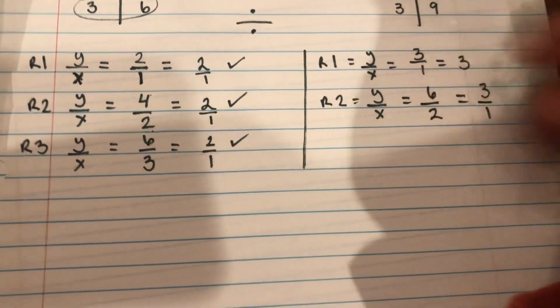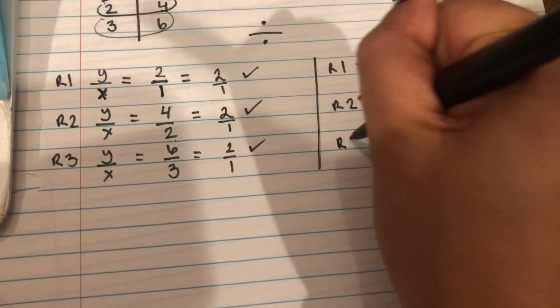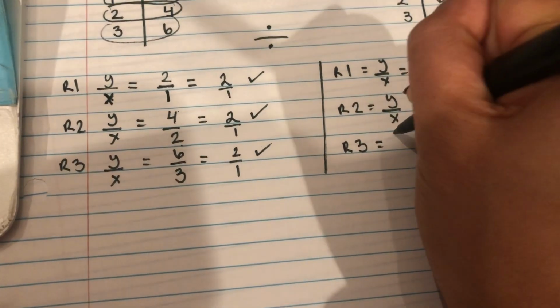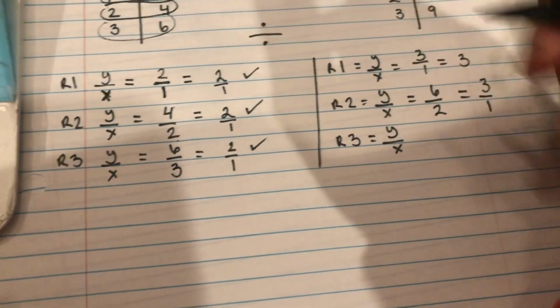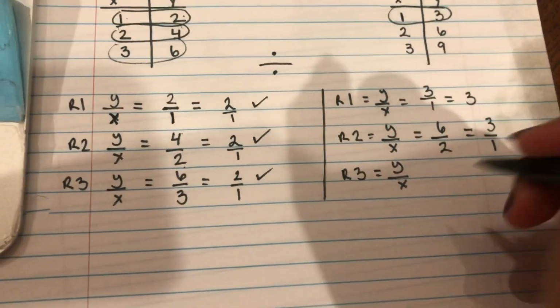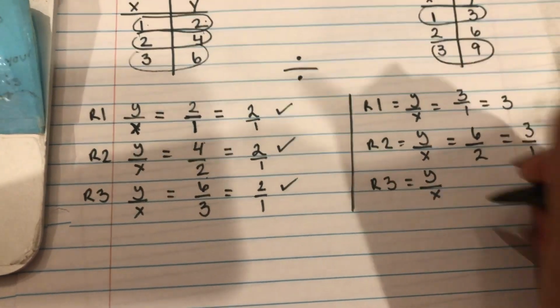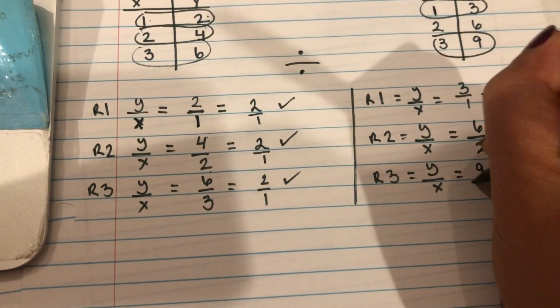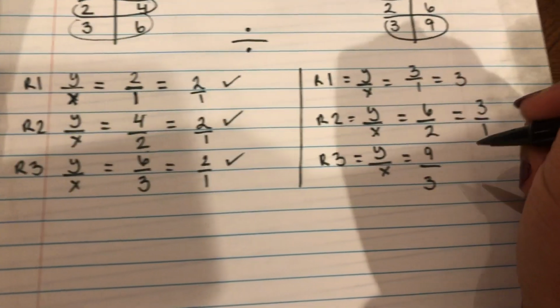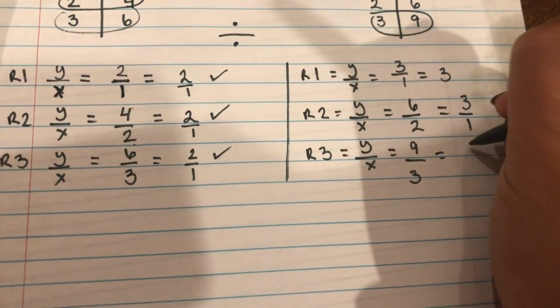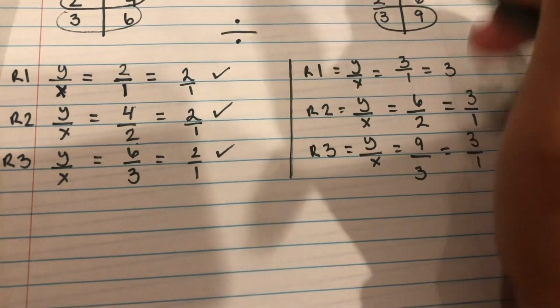They're the same, they're equivalent. And ratio 3, we're going to do y over x. Again, this is just for habit. Here we have y, 9, over 3, which is my x, and 9 divided by 3 also gives me 3 over 1.